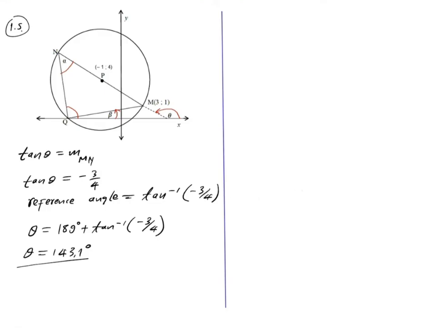Okay. And then, so we calculate beta now. Beta is going to be, we need the gradient of QM. We already know the coordinates of Q, which is minus 4 and 0.